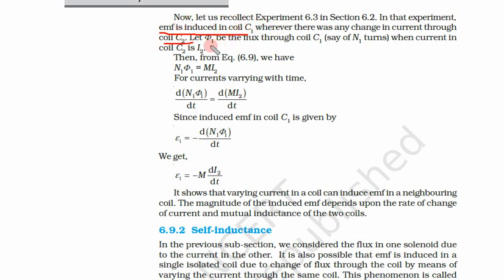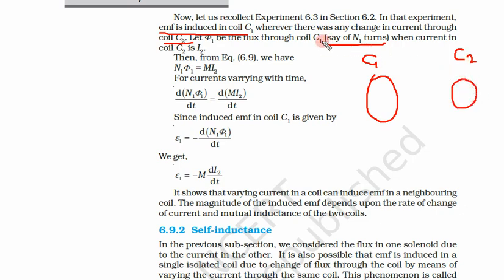in coil 1. Let phi 1 be the flux through coil C1, let us say N turns, when current in coil C2 is I2. Let us put it like this. So this is coil C1, this is coil C2.